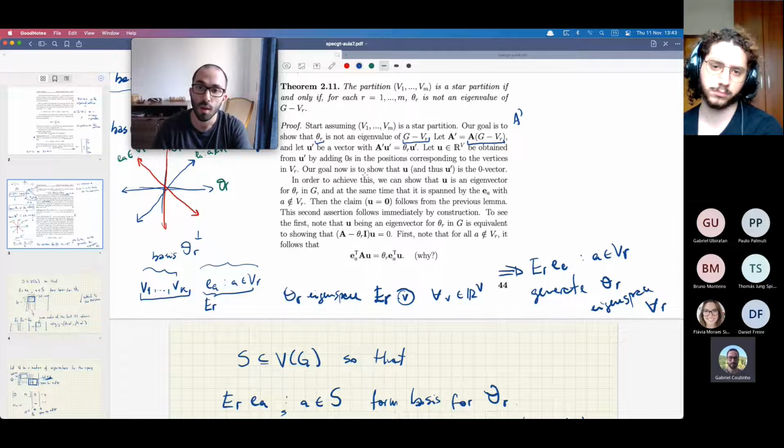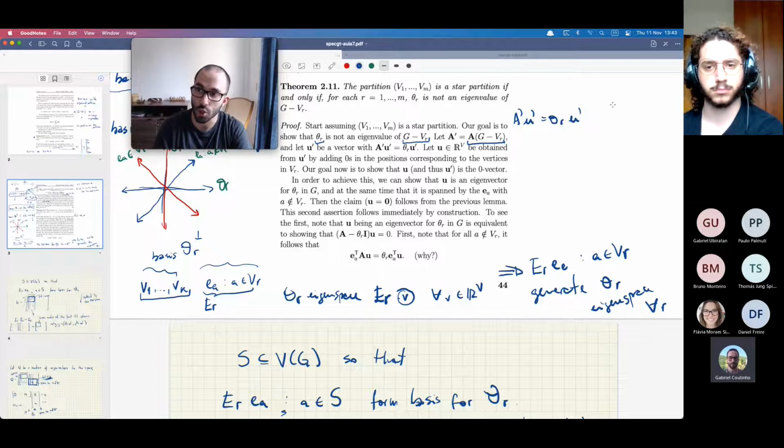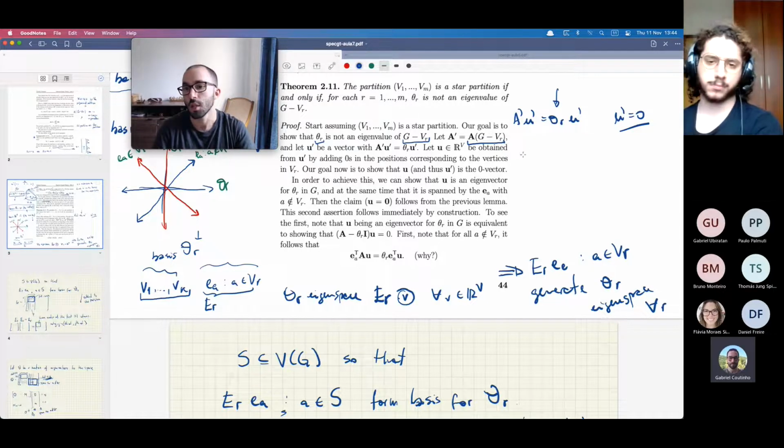And let U prime be a vector so that A prime U prime is equal to theta R U prime. I want to show that U prime must be the zero vector, and therefore theta R is not an eigenvalue of A prime. Okay? So let U be obtained from U prime by adding zeros in the positions corresponding to the vertices in V sub R.